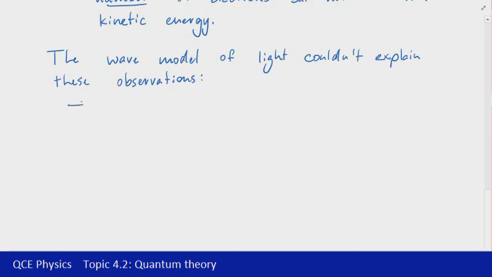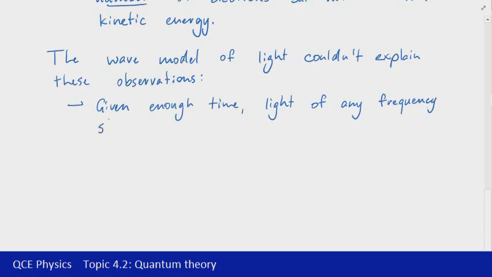So the first one, if we're dealing with light as a wave, given enough time, electrons should always be emitted. And the threshold frequency shouldn't be valid either, given that light of any frequency should be able to transfer enough energy to eject electrons.